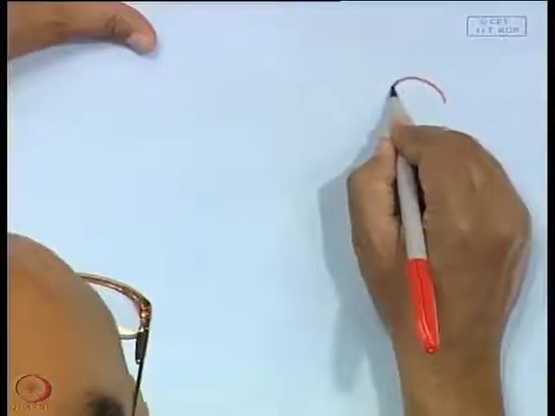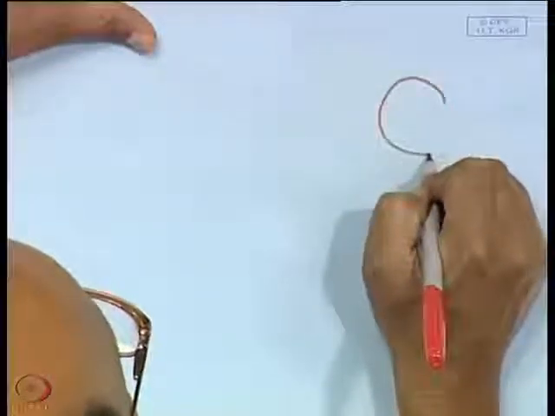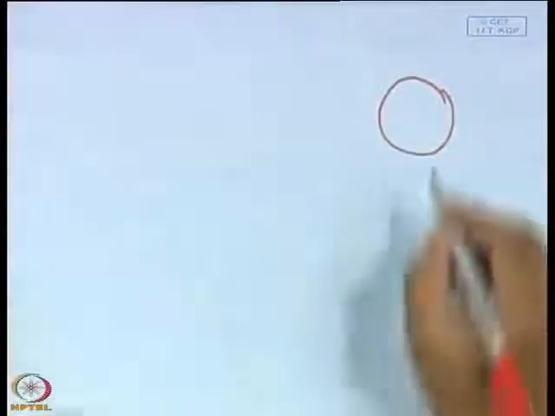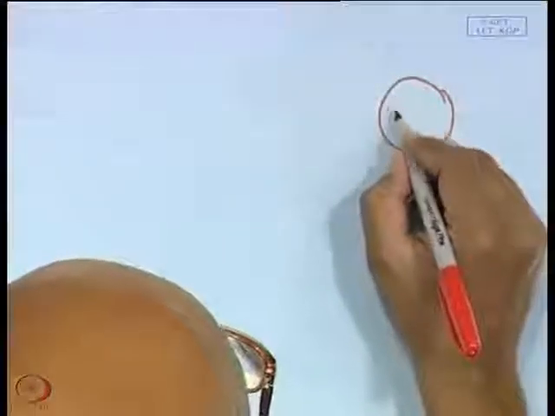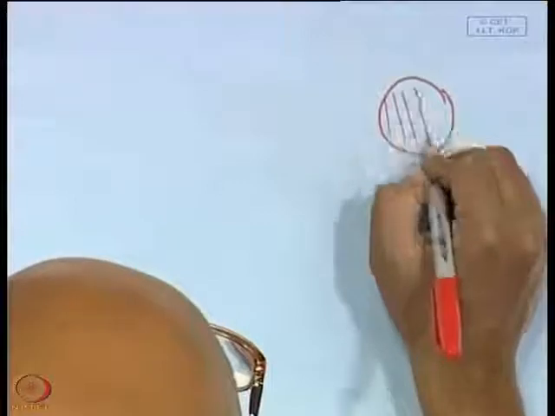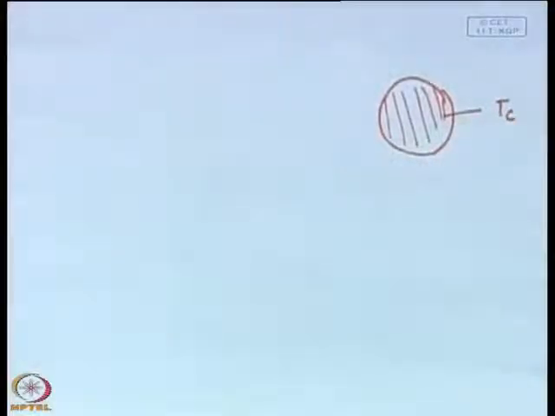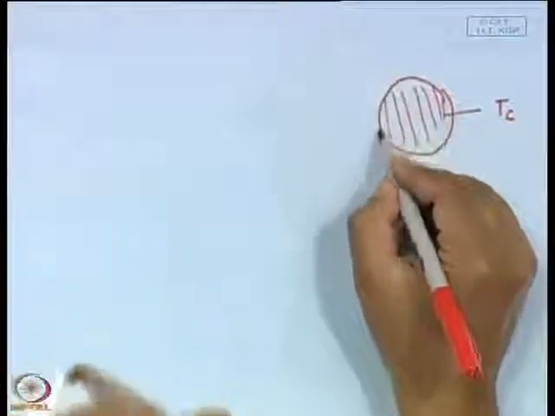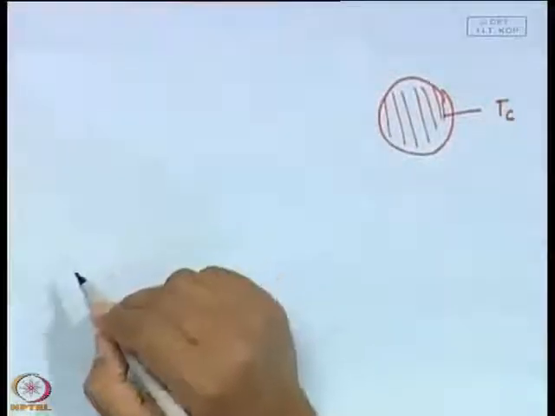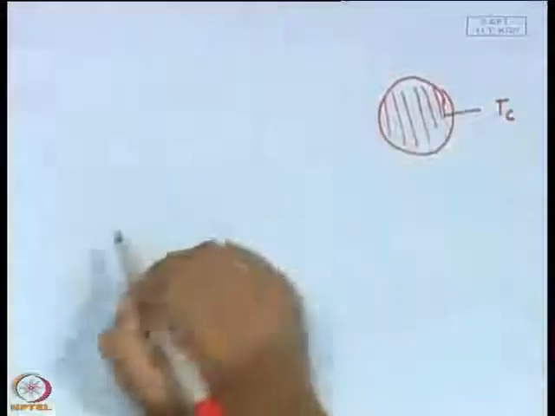When you look at the sun, we have seen that you only see the region where the optical depth is of order unity. So let us think of the sun as an opaque sphere of some temperature Tc. This is the core, and this is where the optical depth is of order unity. You do not see inside this, so it is opaque.